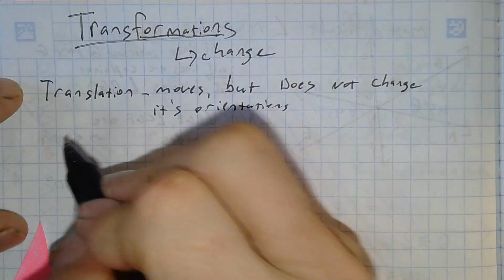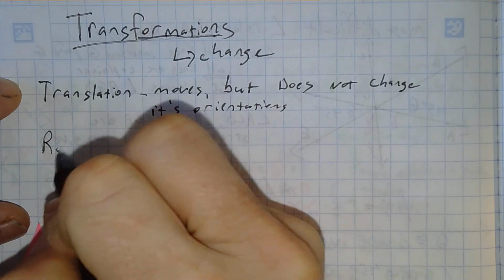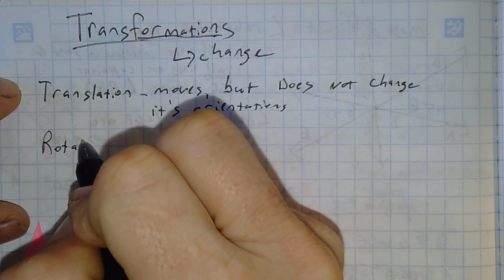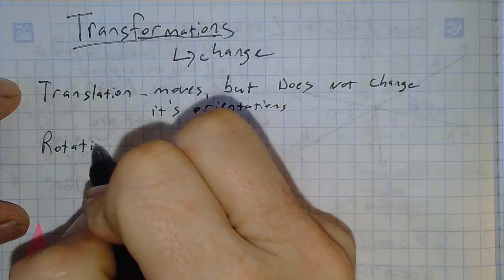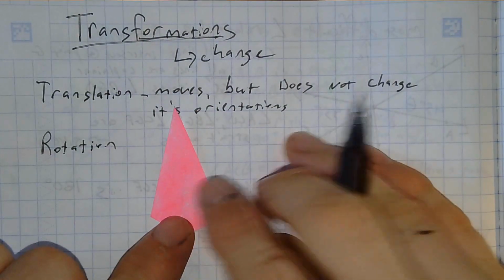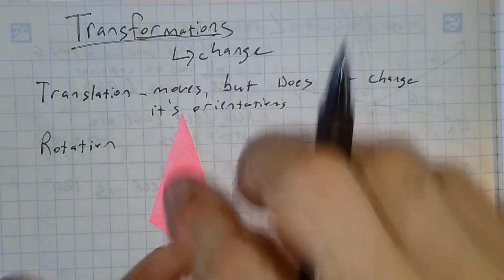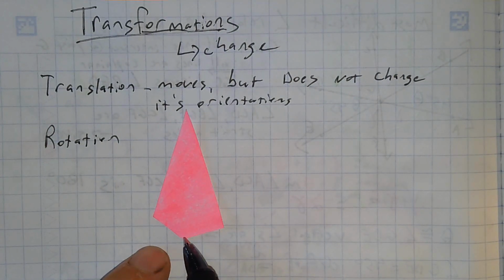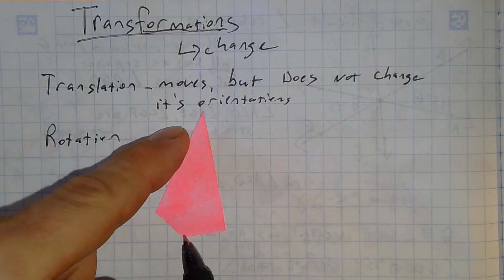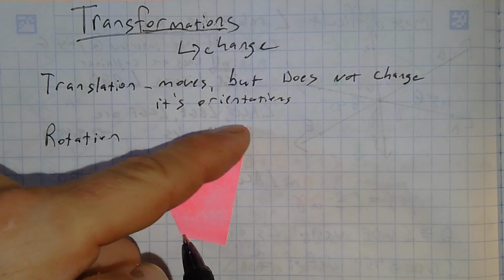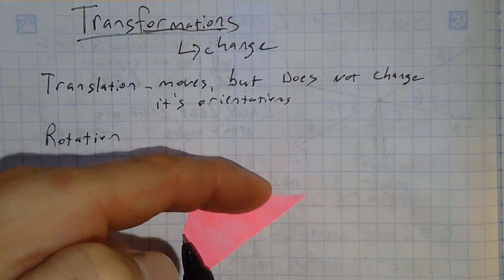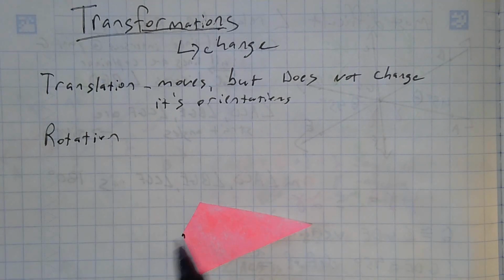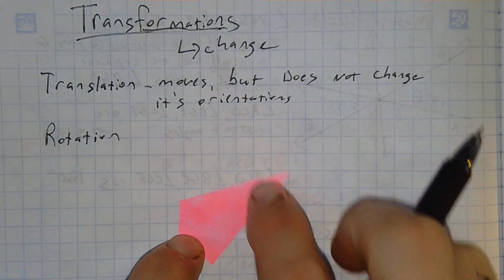Okay, another one is a rotation. Now this thing I can rotate. I can rotate it about any point, but I'm going to rotate it about this point right here. So if I rotate it 15 degrees, 45 degrees, 90 degrees, that's a rotation.